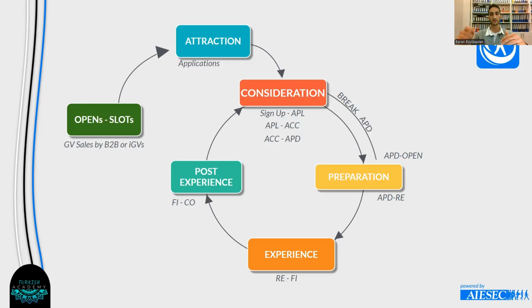After the attraction phase, after the application, when exchange participants have applied for the projects, the consideration phase will start. The consideration phase is all about accepting applicants and approvals. So what are we doing in the attraction phase? Firstly, let's start with the attraction phase.